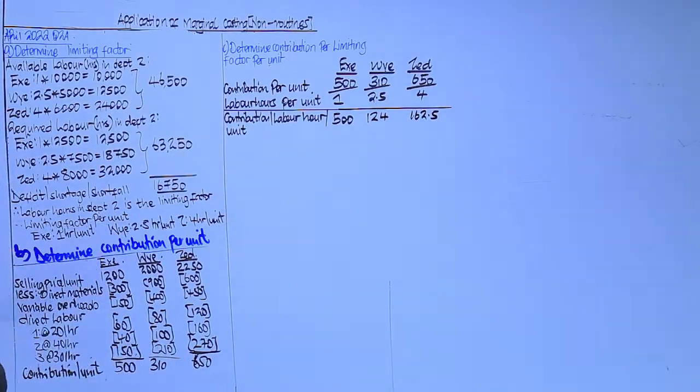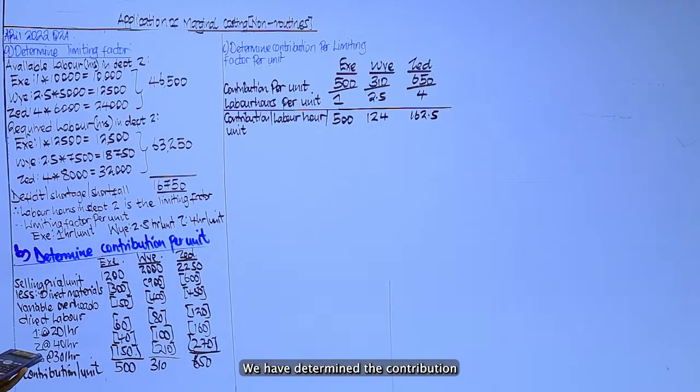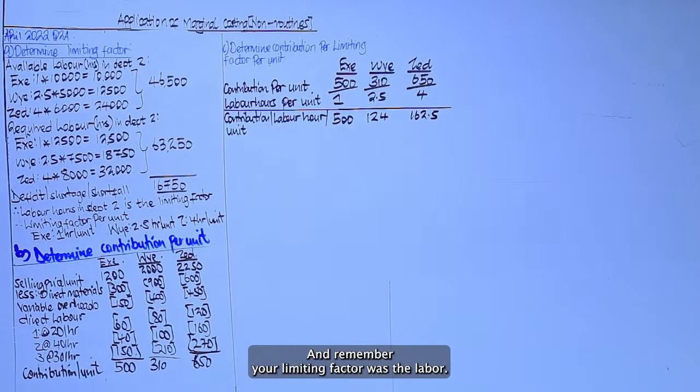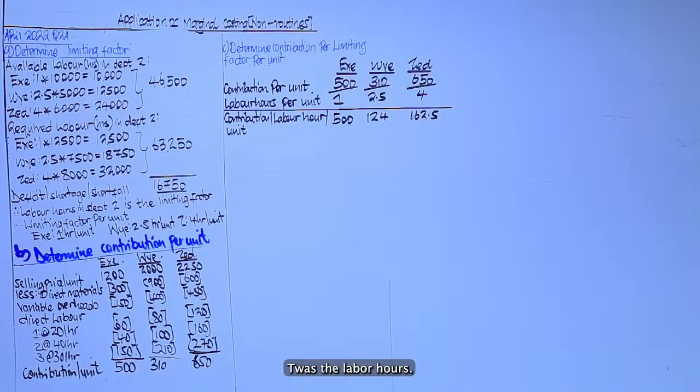We have determined the contribution per limiting factor by simply doing what? By taking the contribution, you divide by your limiting factor. And remember, your limiting factor was the labor hours.